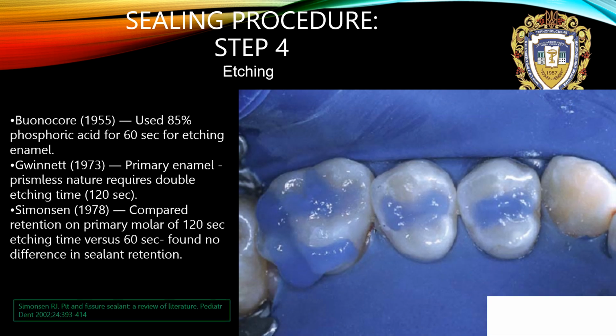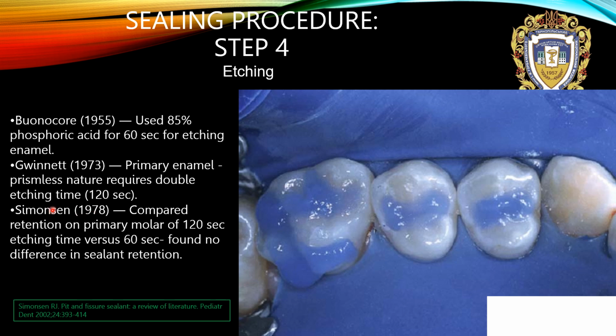Bone core in 1955 proposed to use 85% phosphoric acid for 60 seconds for etching enamel. Another scientist, Gwynedd, in 1973, established that the prismless nature of primary enamel requires double etching time, 120 seconds.